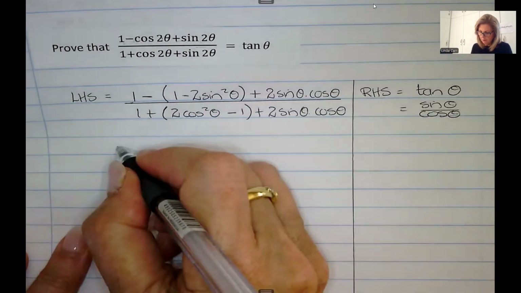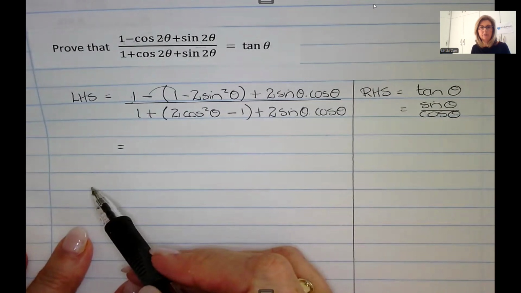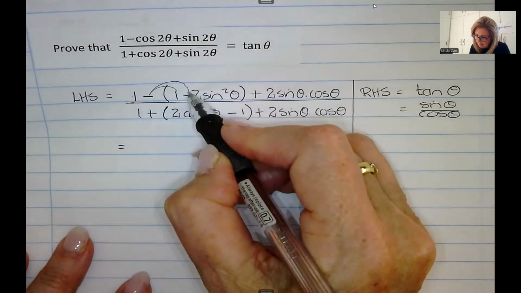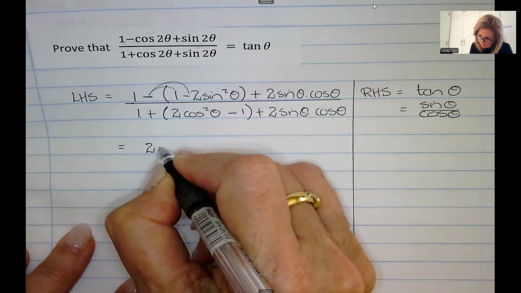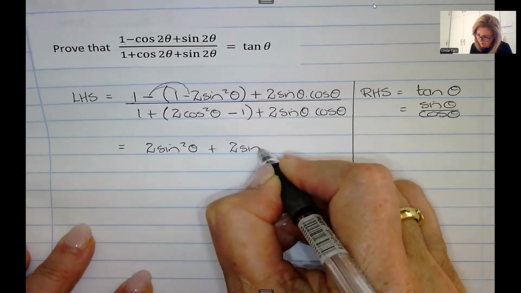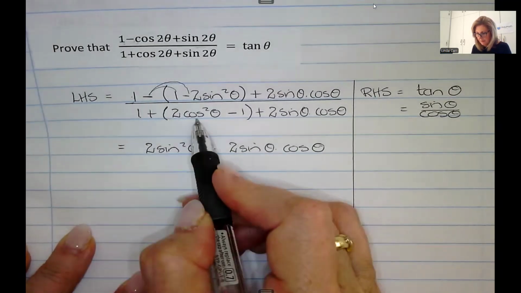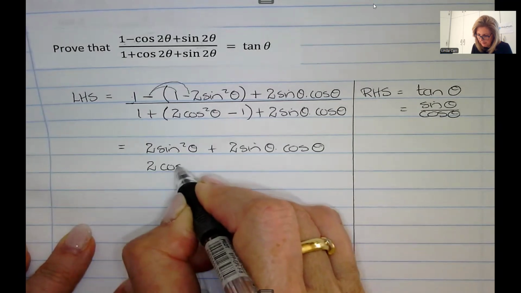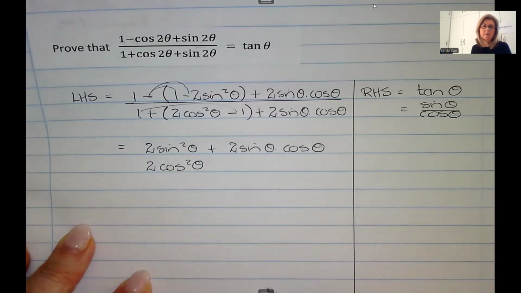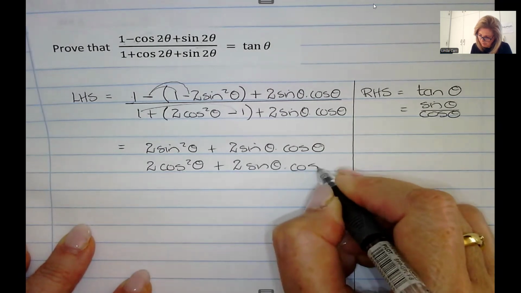All right, so now we should be quite pleased with ourselves because 1 minus 1 will mean that the 1's add up to 0. Minus a minus makes that a positive 2 sine squared theta plus 2 sine theta cos theta. At the bottom, the cos squared is plus, but the 1 minus 1 makes 0, and so I'm left with something similar.